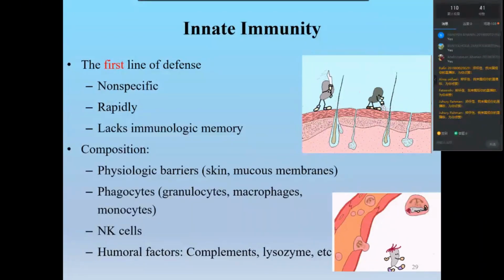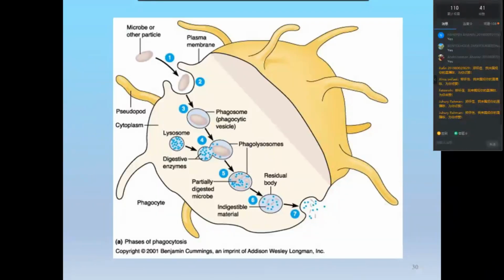And here is an example of phagocytes, and we can assume that this is a macrophage. The macrophage can take up microorganisms or other small particles into a vacuole and take it into the cell. And in the cell, we call it a phagosome, because it's formed through phagocytosis.